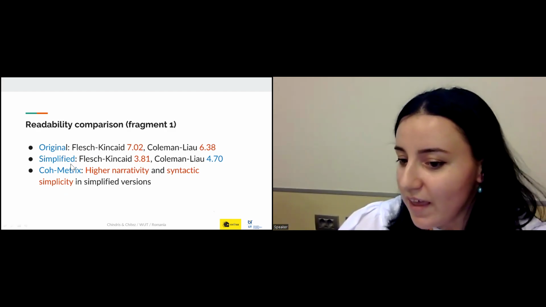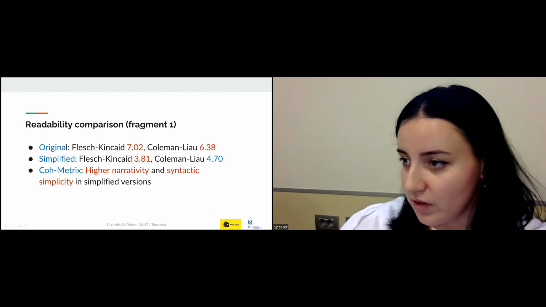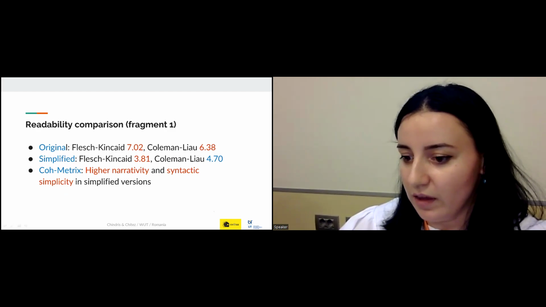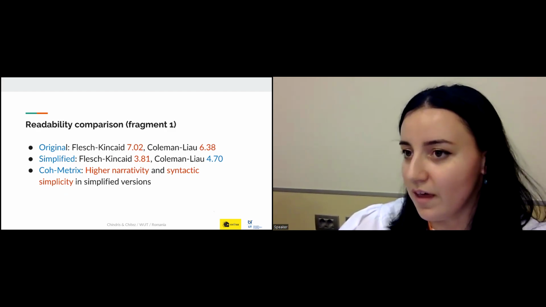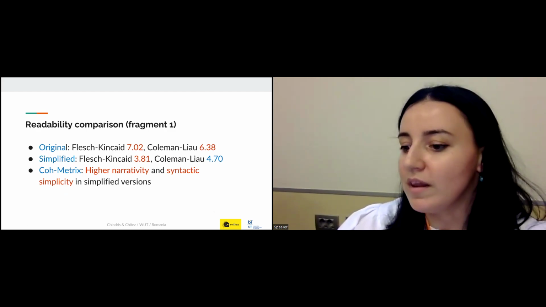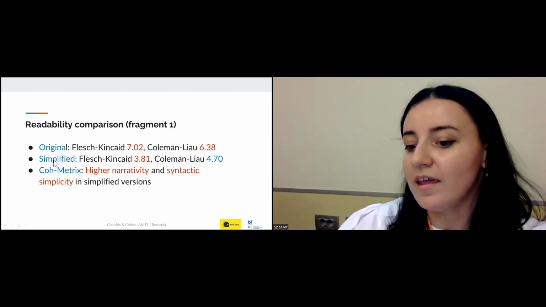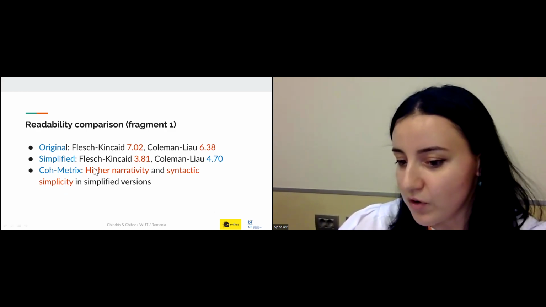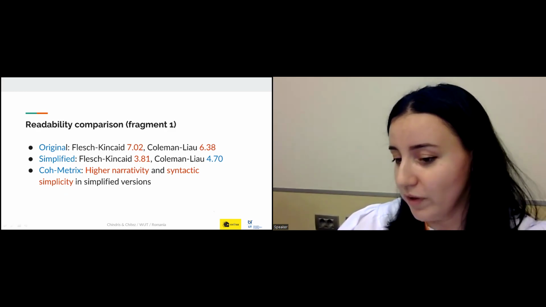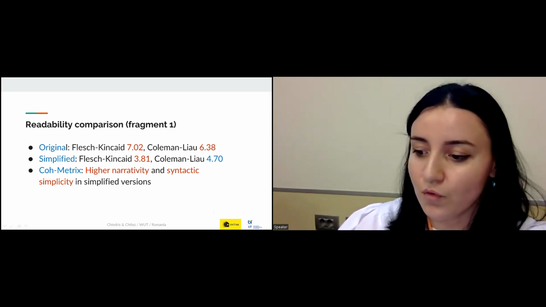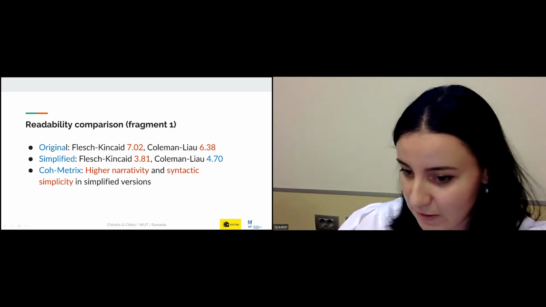For the original text, these are the grades that we calculated: Flesch-Kincaid 7.02, Coleman-Liau 6.38, and as far as the simplified version is concerned, Flesch-Kincaid 3.81, Coleman-Liau 4.7.